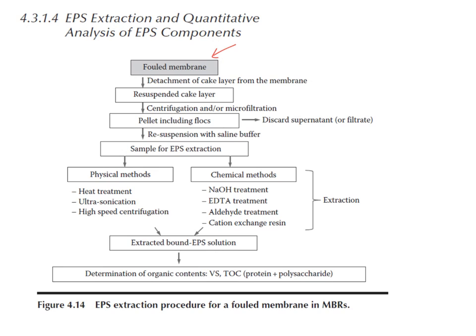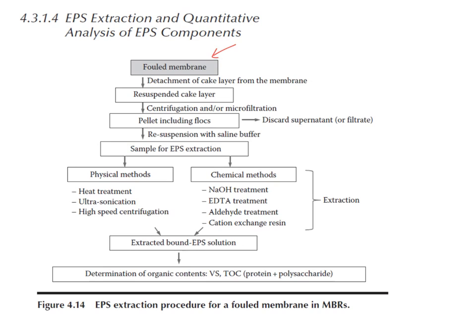Starting from this fouled membrane, we first have to detach the cake layer from the membrane, and then this cake layer is just a solid material, so we have to resuspend it.